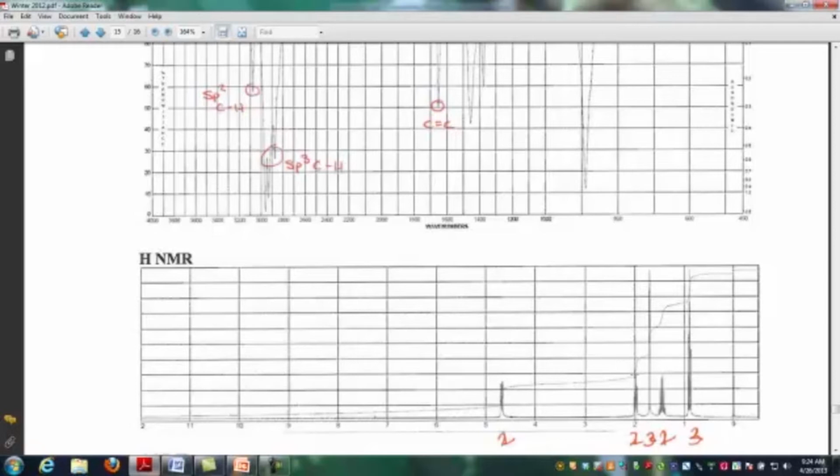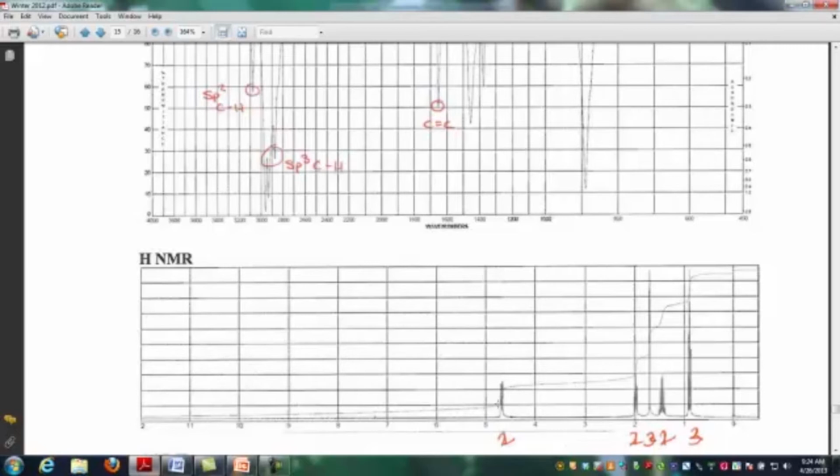It appears to be a little bit longer than 1 unit in height. So I'd give it a ratio of 1, and you can see initially I had put a 1 there. I scribbled over it and put a 2, but initially I really thought that was a 1 because we're talking about ratios. And this peak here appeared to be about the same height to me. It was a little over 1 unit in height for this integration, so I said it was also a 1.